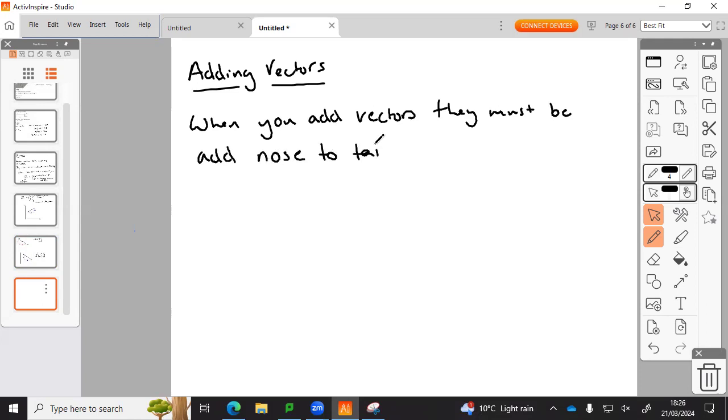Okay, and I'll explain what that means. Okay, it needs to form a path. By adding multiple vectors together, you're going to work out something called the resultant.